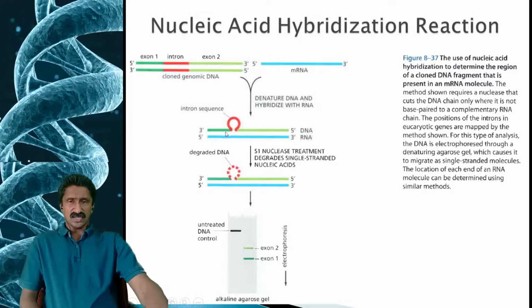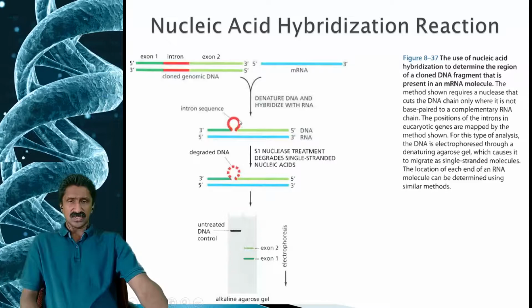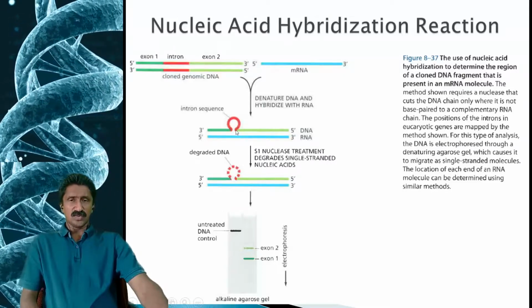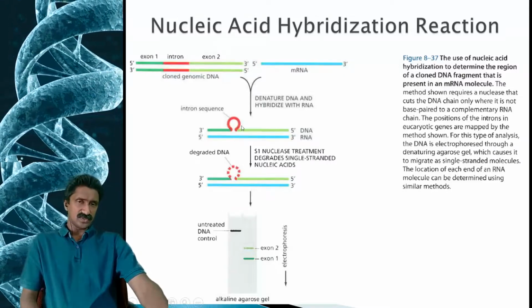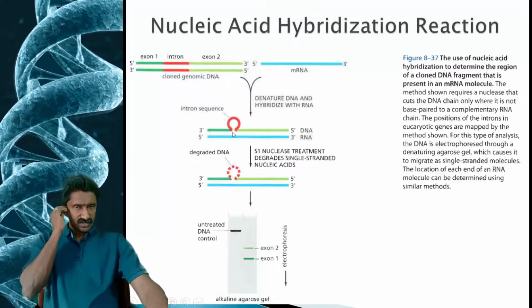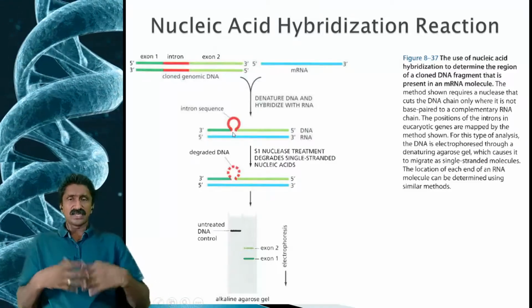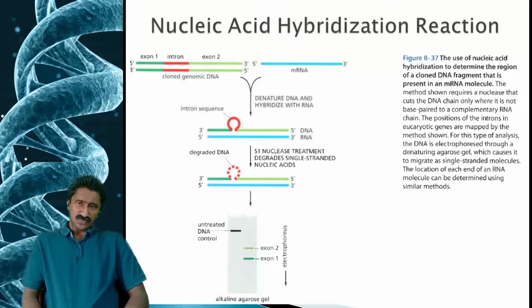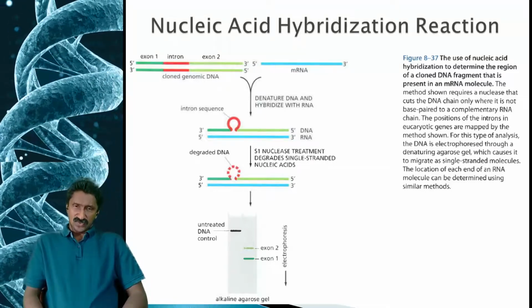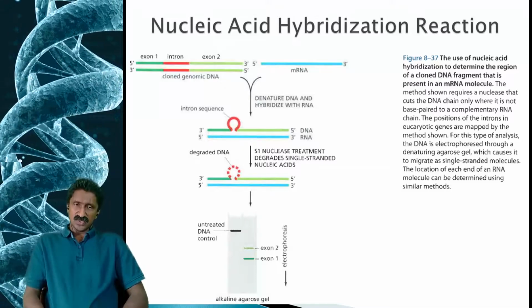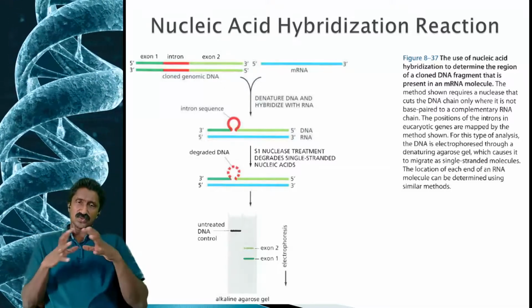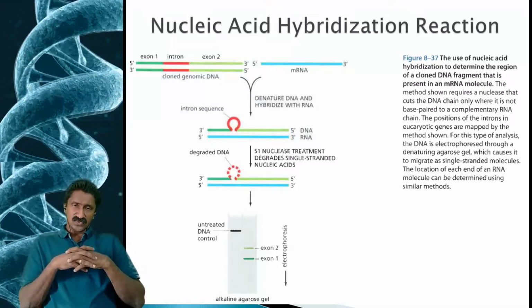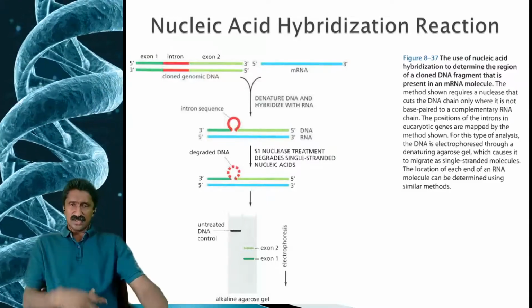Once it is hybridized, the intron regions form a loop because they cannot pair with the RNA. In this RNA-DNA hybrid, the region present as single-stranded is the intron region. That can be cleaved by S1 nuclease treatment because S1 nuclease, as you know, removes single-stranded DNA regions.